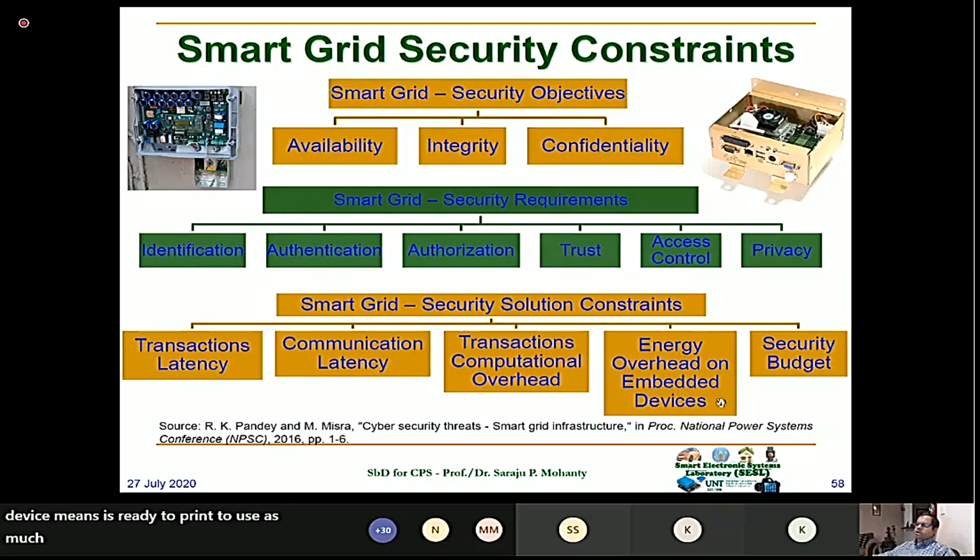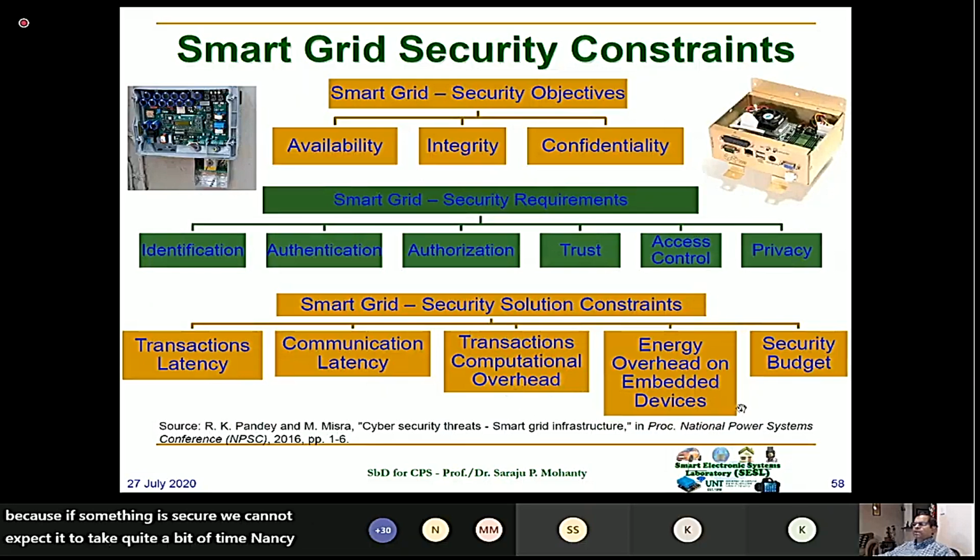To a certain extent we can use power compared to the health devices and UAVs we saw, but we still want the energy overhead to be low and the communication latency to be fast reacting. If something is secure, we cannot expect it to take quite a bit of time.